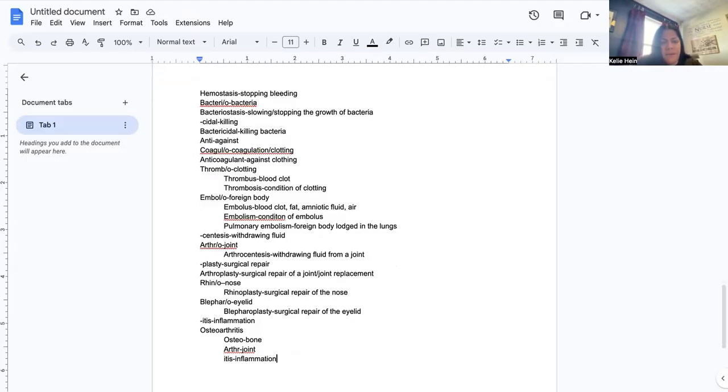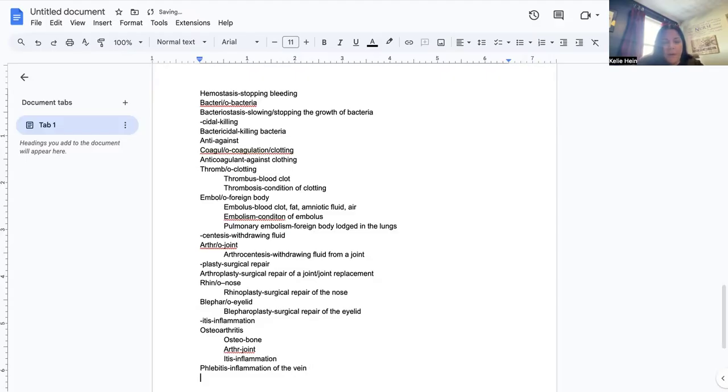But itis can go with anything. That's going to be any kind of inflammation anywhere. And there's tons of different stuff. Phlebitis, inflammation of the vein. Okay. Appendicitis, inflammation of the appendix. That's why we would do an appendectomy, okay, to take that appendix out because it's inflamed.